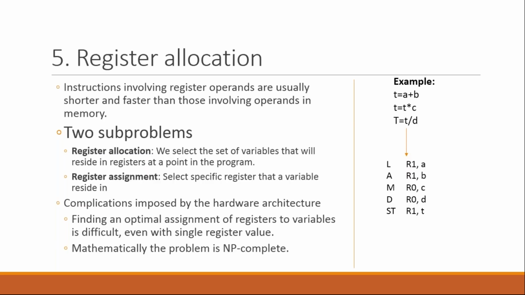Now the fifth one, that is the register allocation process. What is the register allocation process? As per the requirement, how many registers I want for my target code, that type of sub-process is known as the register allocation process.